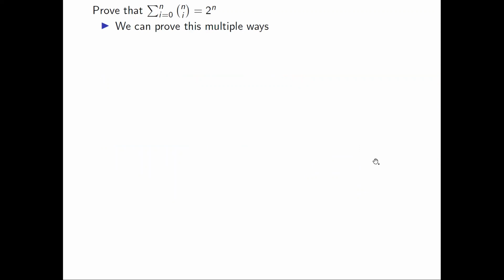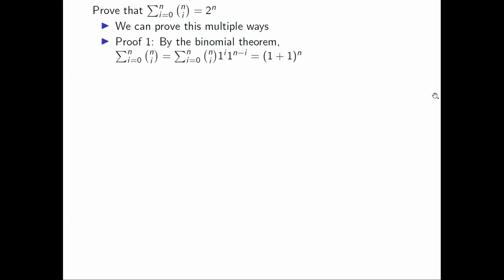Here's another identity. You've probably seen this one before, but it's a nice example of an identity that can be proved multiple different ways. So we will actually prove it multiple ways. Here's the first proof.